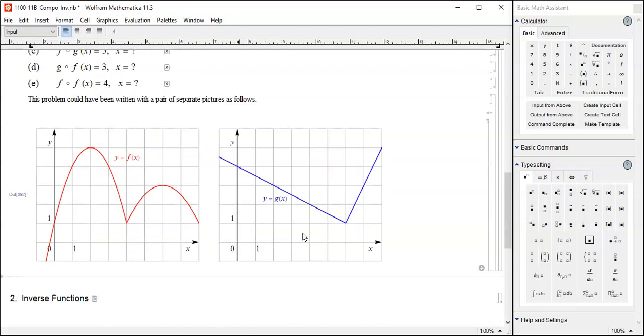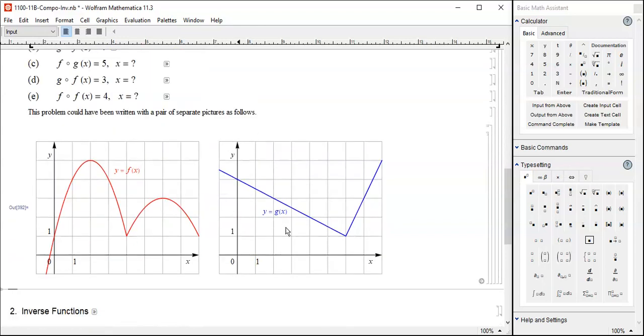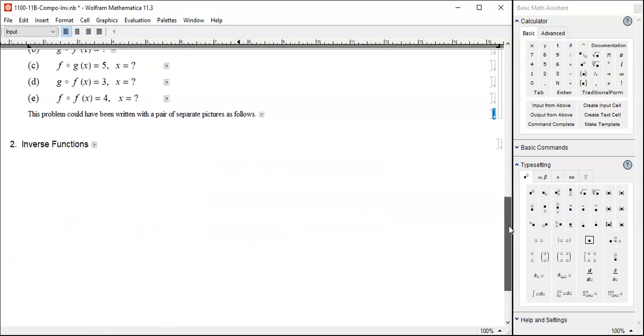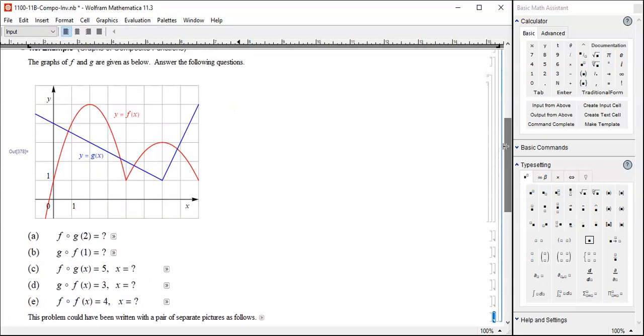With two separate graphs, there are advantages and disadvantages. For example, if I have two different colors, then the difference is minimal, but if I have just one color, then this will be a little bit messy. Anyway, let's go back to the original setting and answer some questions here.